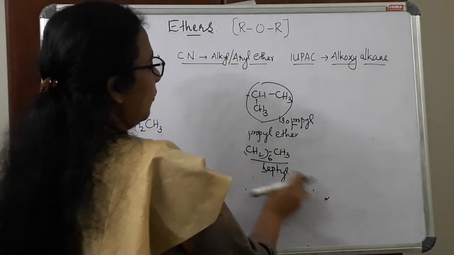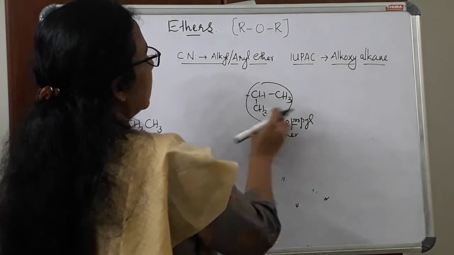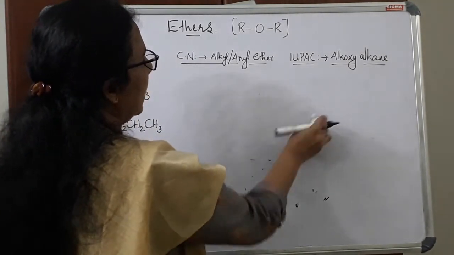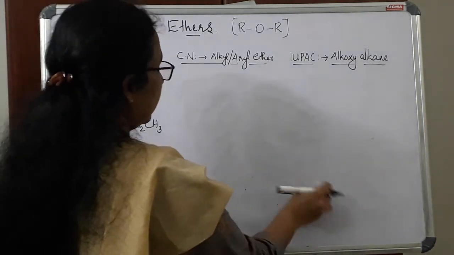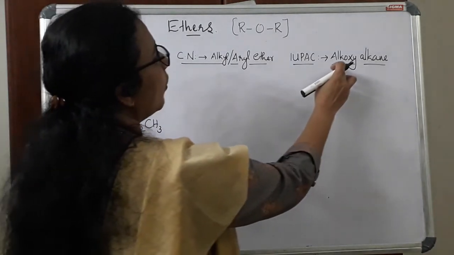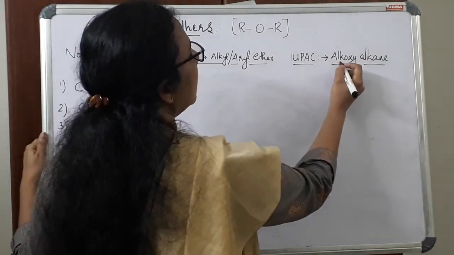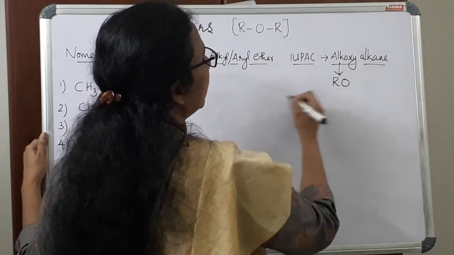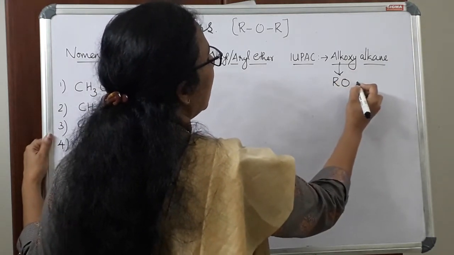So the general format is actually, it is named as alkoxy alkane. Here I have written the general format as alkoxy alkane. Here the alkoxy part is actually RO, so ROR.